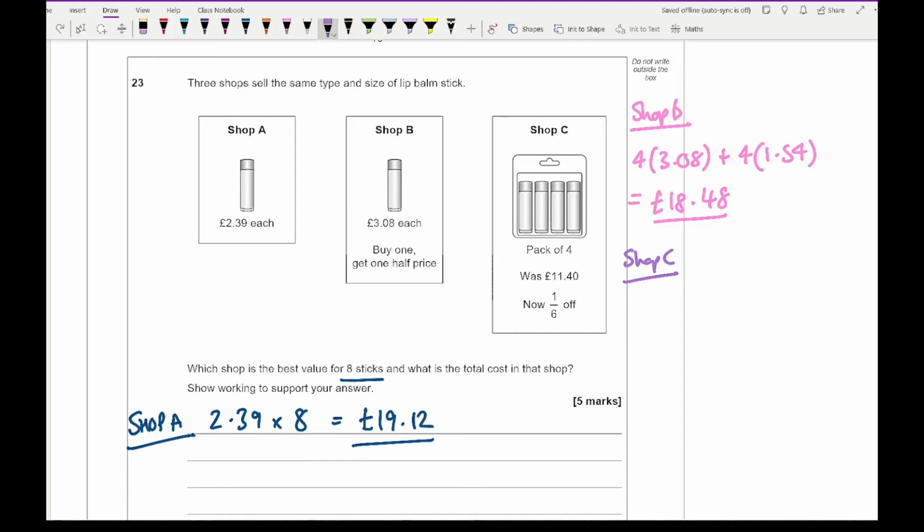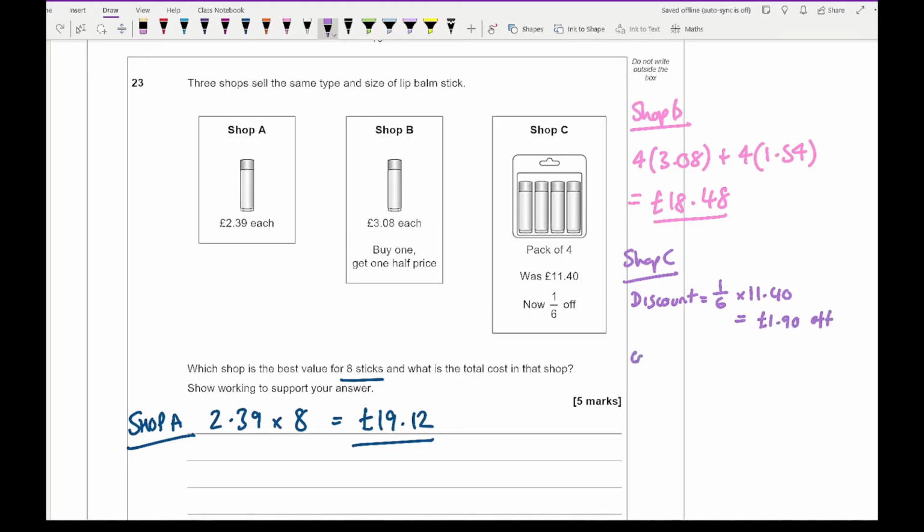Then finally for shop C, it's basically a pack of 4 was £11.40, now a 6th off. So the first thing I need to do is work out the discount. A 6th of £11.40 gives me a total of £1.90 off.